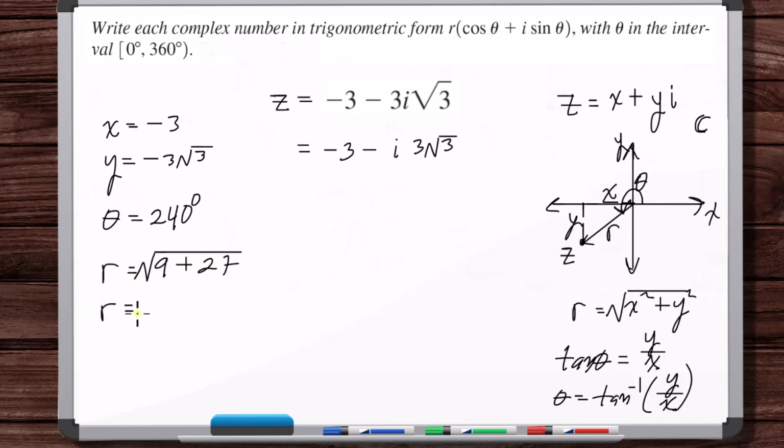So r is equal to 6. Okay, and so now we have everything we need, so that the standard form for rectangular complex numbers is this, but the standard form for polar complex numbers is this.